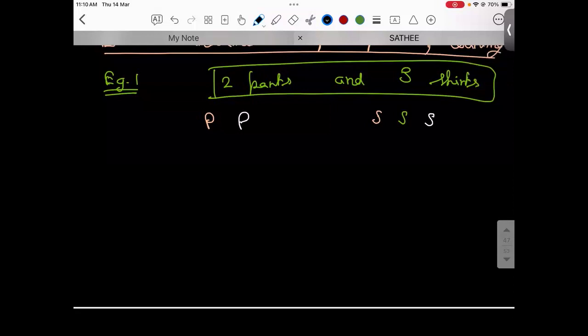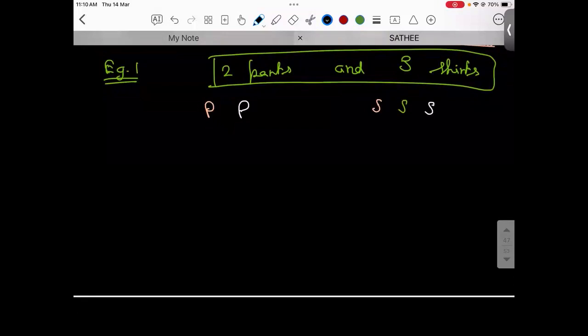Okay, so for that I have 2 pants, a white pant and a red pant. Fine. So how many ways can you pick a pant? There are two ways. Either you choose a white one or you choose a red one.